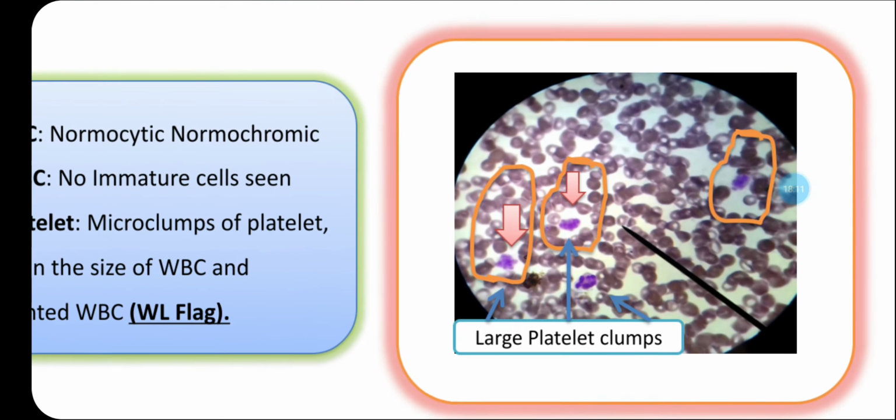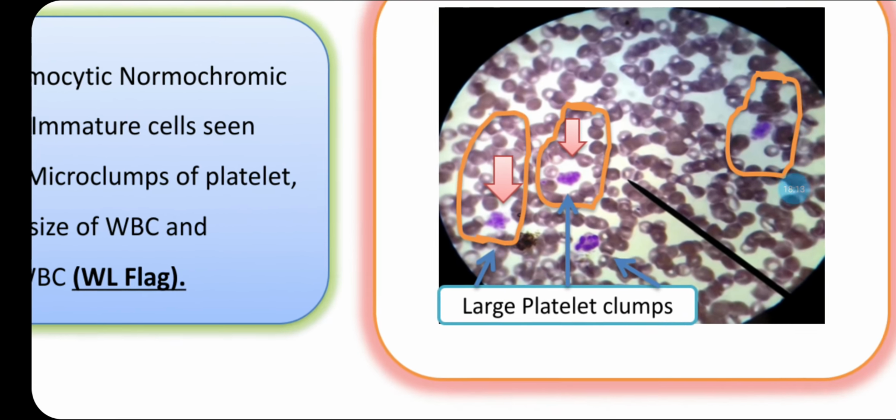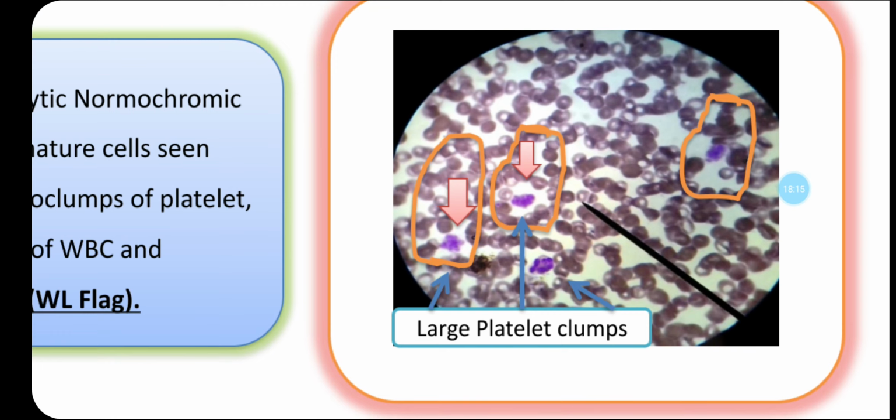If we go through the peripheral smear, here you can see large platelet clumps are formed, and they have attained the size of the WBC, and these are all counted as WBCs, but they are actually platelet clumps. Because most of the platelets are clumped, they get out of the platelet bin, and they are more than 30 femtoliters, so they cannot be counted as platelets.